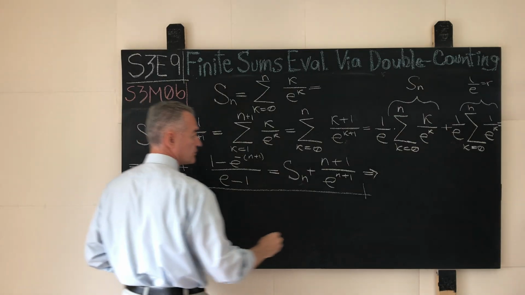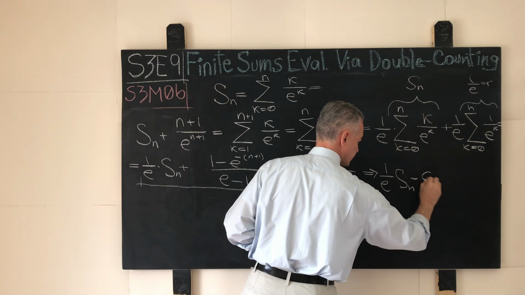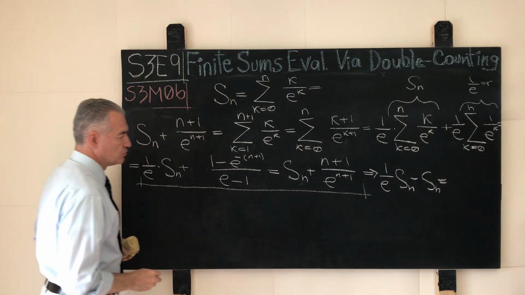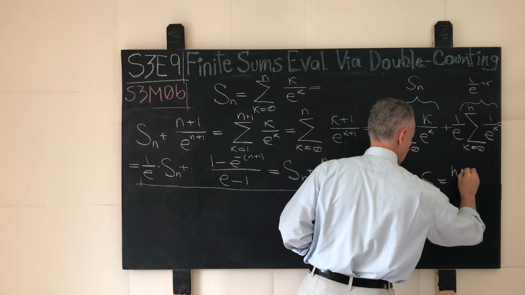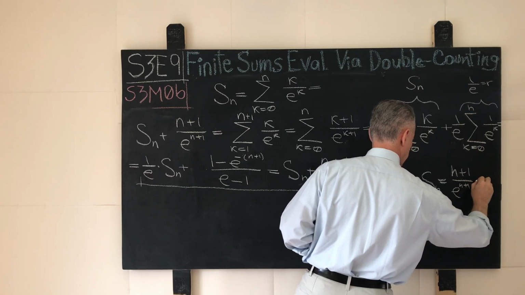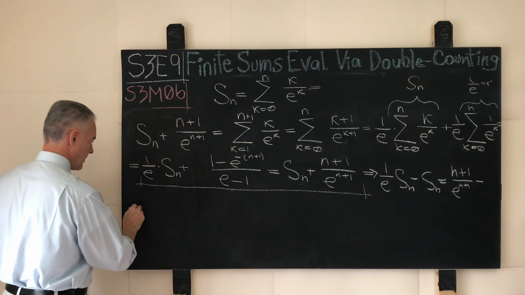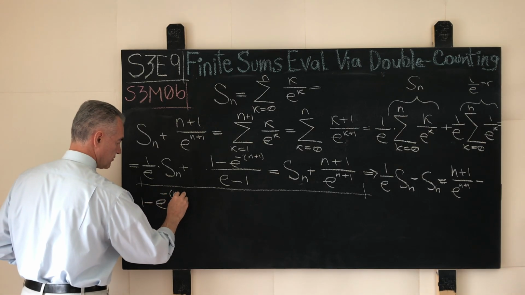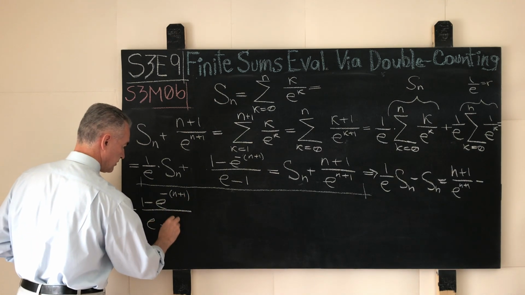Let's say, what do we have? 1 over e times S_n minus S_n is equal to (n+1)/e^(n+1) minus, if we take this, (1 minus e to the power of minus (n+1)) divided by (e minus 1).